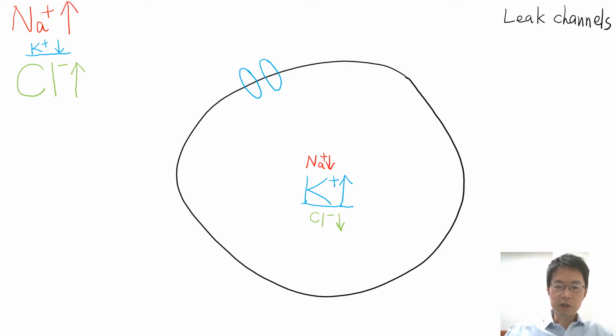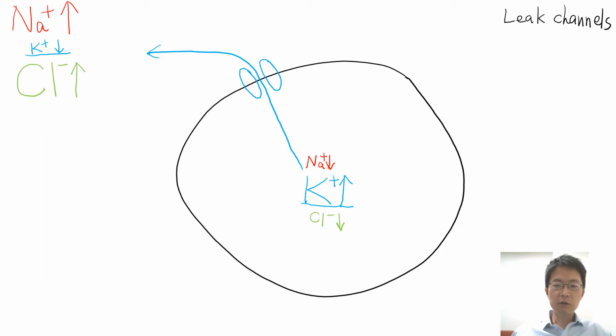So potassium ions will go like this, outside the cell. Okay, what do we call this? Is it simple diffusion? No, it should be called facilitated diffusion because it uses a membrane protein. So potassium normally will go from inside to outside by facilitated diffusion.